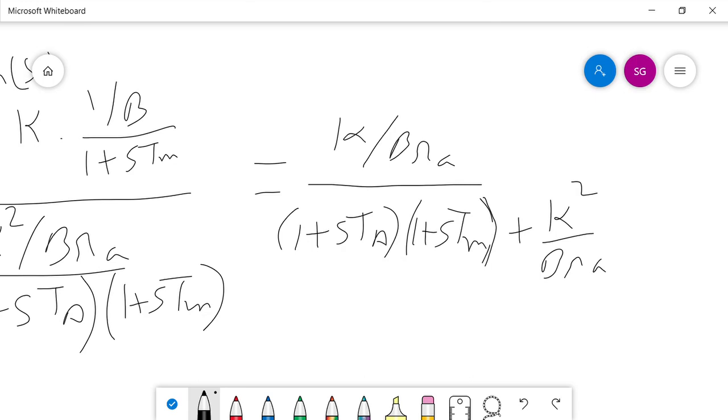Okay, now just see that there are two factors which are multiplied. 1 plus STA is multiplied by 1 plus STM. So here we can see this transfer function, which is equal to omega upon VAS.